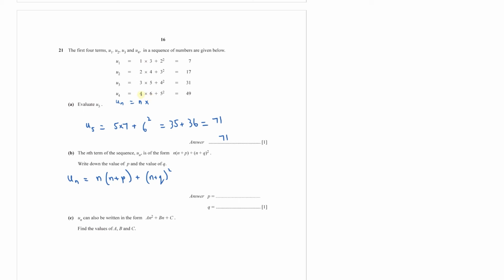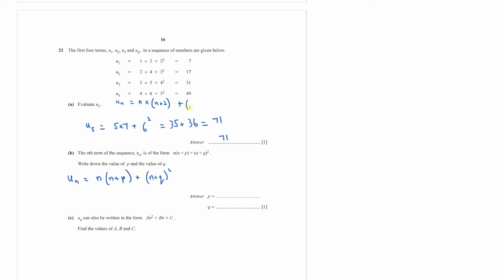So here you have 4, you add 4 plus 2 is 6, 3 plus 2 is 5, 2 plus 2 is 4, 1 plus 2 is 3. So you're multiplying by n plus 2, plus you're taking a square of 5 here. So for the fourth term, you're taking 5 square. For the third term, you're taking 4 square. For the second term, you're taking 3 square. And for the first term, you're taking 2 square.